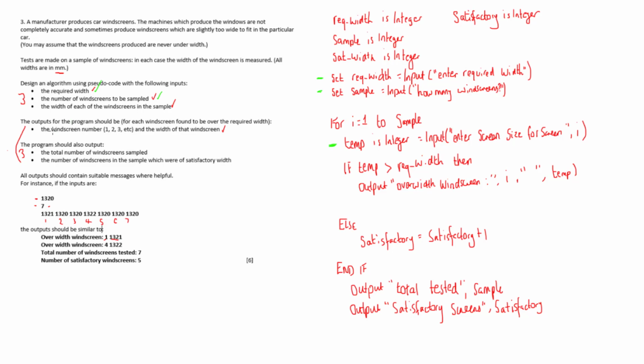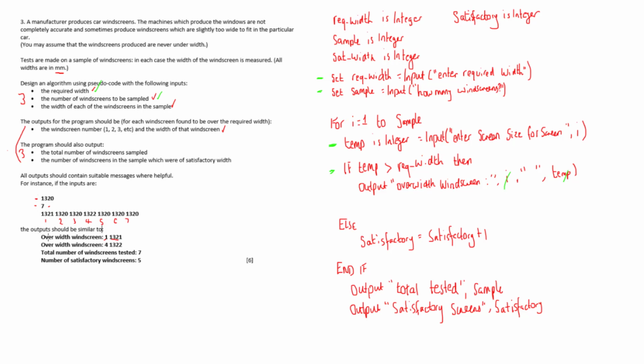That's good. Output for the program should be for each windscreen found to be over width. So here's my check to check if it's over width. The windscreen number and width of the windscreen. Done that. All outputs should contain suitable messages. Well, they do. They've all got strings around them as well as the actual outputs.